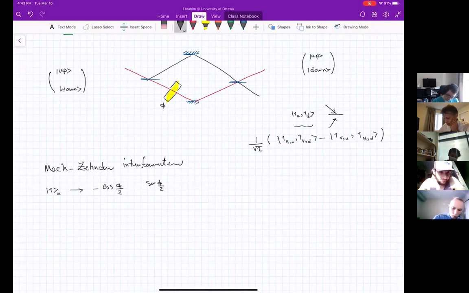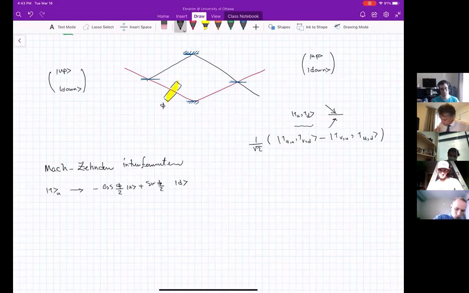Yeah. And that was on the up port, plus this one on the down port. Something like that, right? And then I said that in order to have a qubit, you have to introduce another phase element in such a way that you can control the relative phase between these two elements. And that was, I think, clear. So this is what we have, essentially.